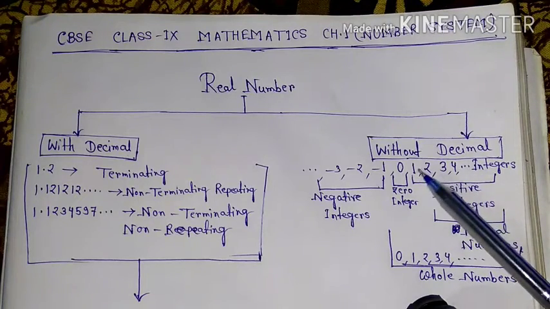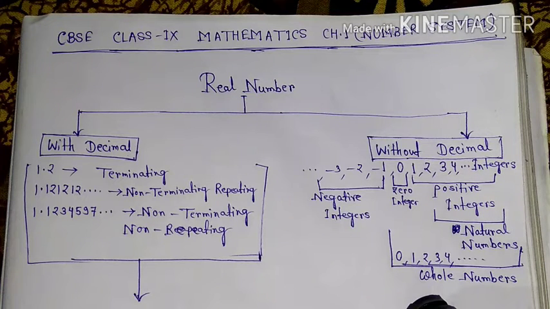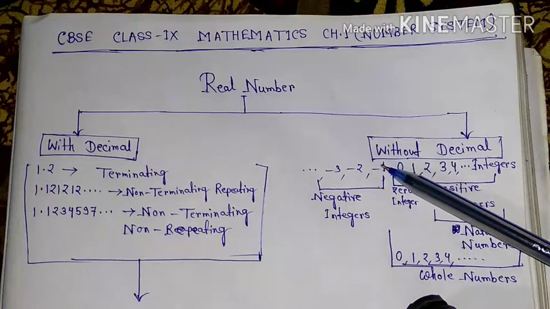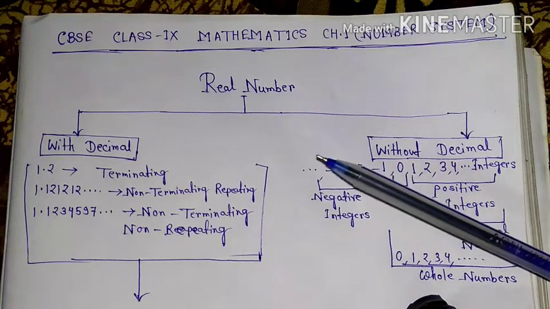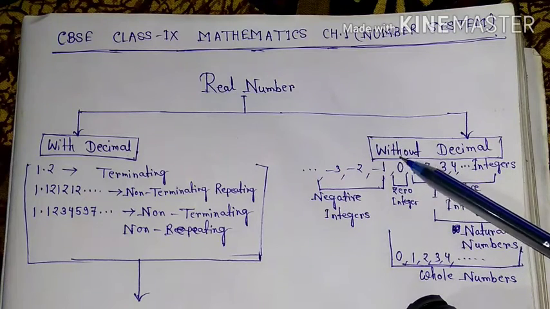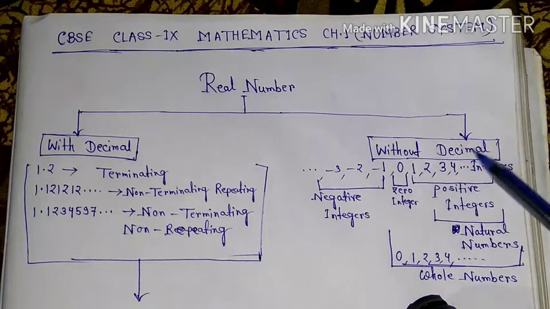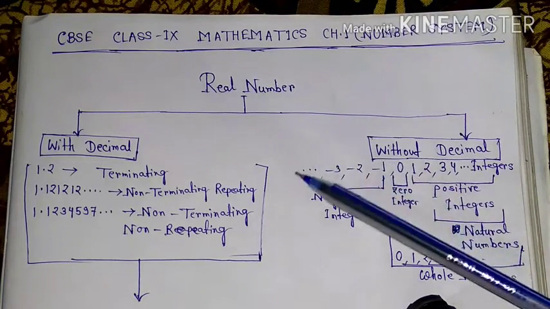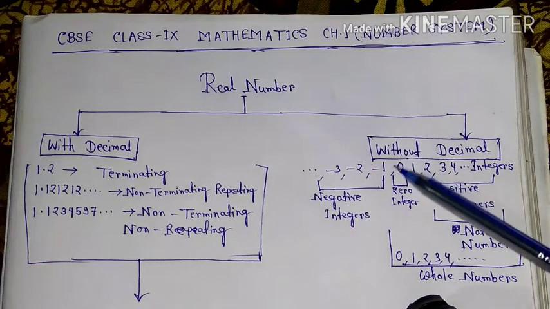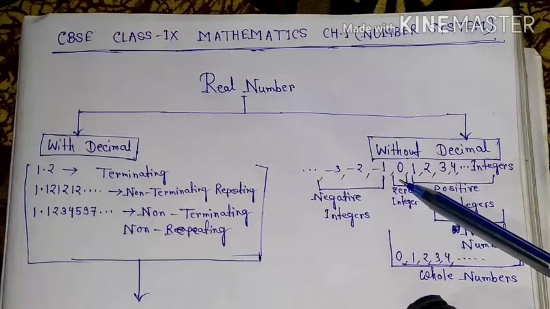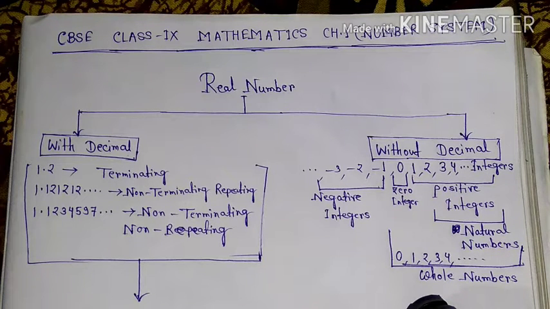One part is 1 2 3 4 up to plus infinity, the other is -1 -2 -3 and so on to minus infinity, and the third part is 0. 1 to plus infinity is called positive integers, -1 to minus infinity is called negative integers, and 0 is called the zero integer.